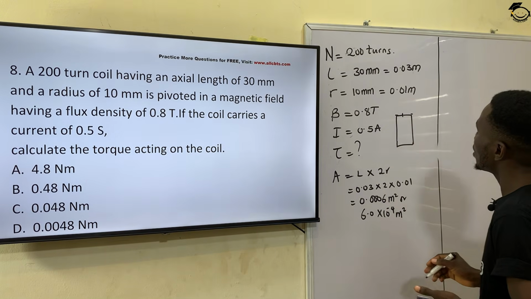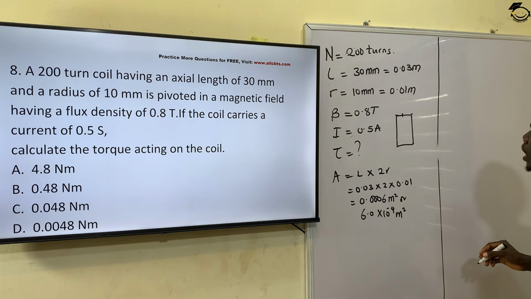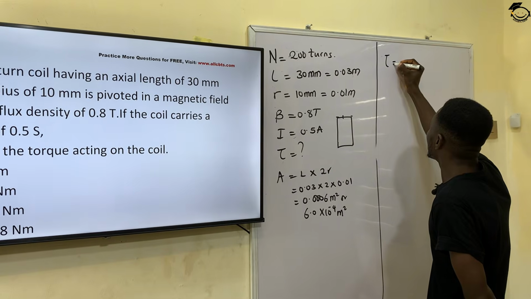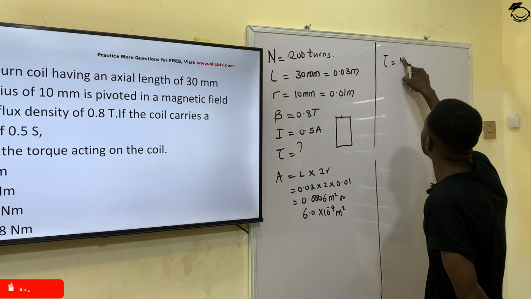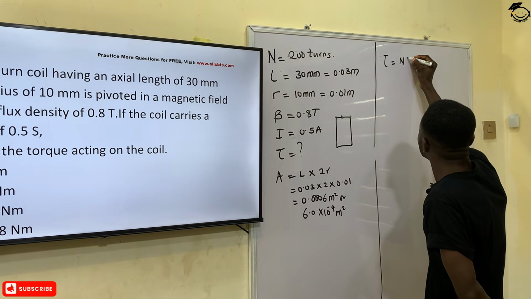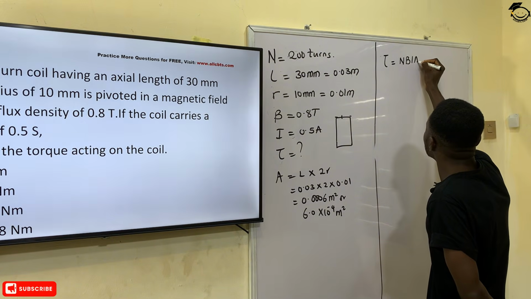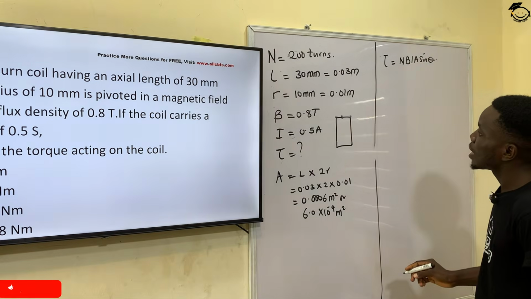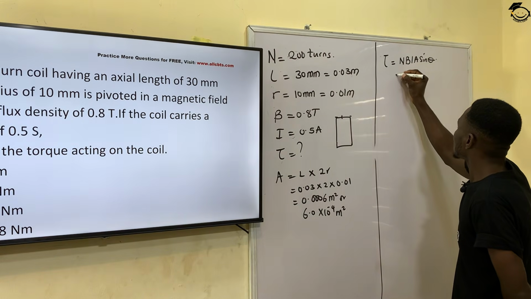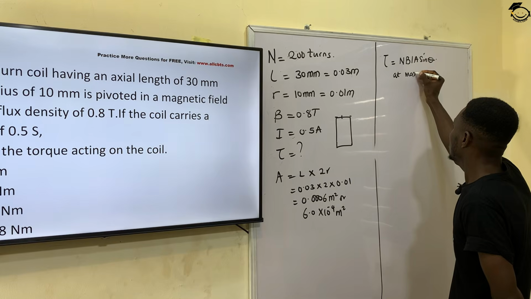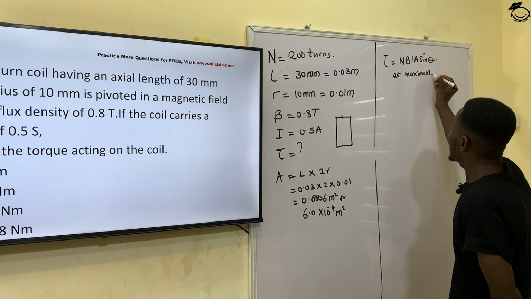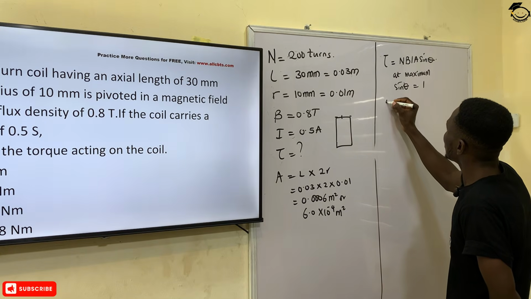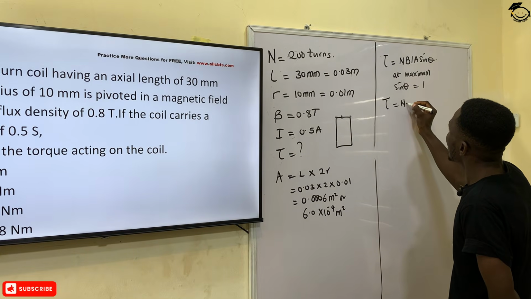Now that we've gotten our area, we find our torque using the formula torque equals NBIA sine theta. Because we are trying to get our maximum torque, sine theta is always equal to 1, which means my torque will be equal to NBIA.